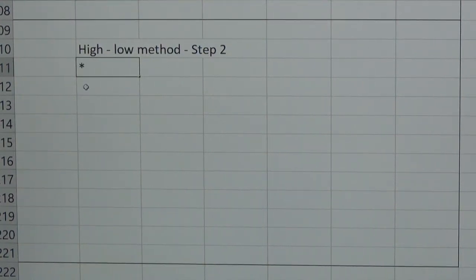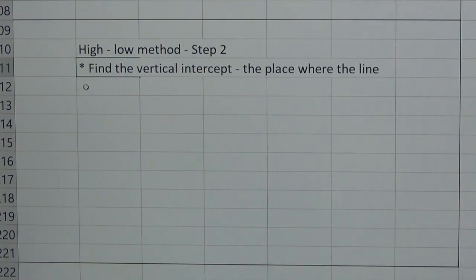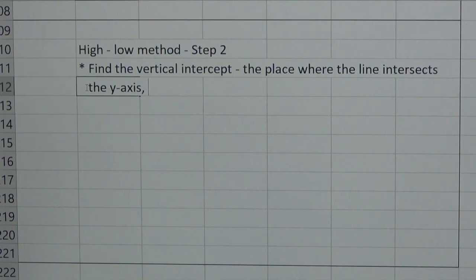And what does that tell us? Okay, so we'll go on to step number 2. After we have the dollar per unit, now we can go into step number 2. What we want to do is find the vertical intercept, the place where the line intersects the y-axis, which is really the fixed component.